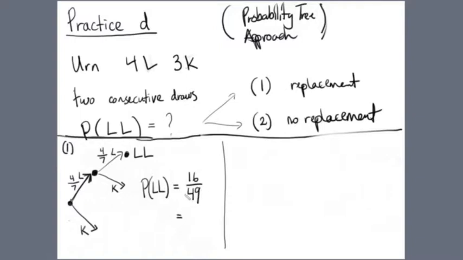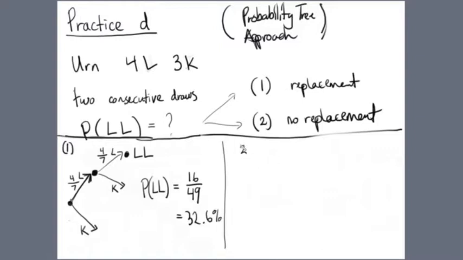And okay, that's good and dandy, but it would be nice to have a better idea of what the chances are. Like, is it more than 50%, less than 50%? So we'll do a division here. 16 divided by 49 is 32.6% or thereabouts. So about a 1/3 chance of drawing a purple on the first and then a purple on the second, given that we use replacement.